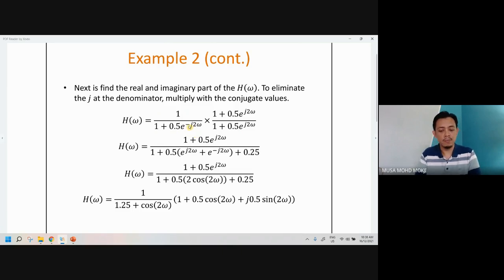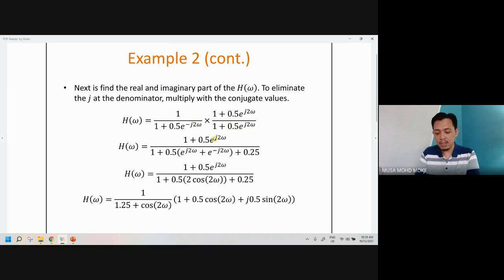This one, j. Because this is negative, now change it into positive. If this is positive, change it into negative. Just that. Because we have 1 plus 0.5 e to the j2 omega in the denominator, you need to have it on the numerator also. So that's why this one becomes 1. Then the whole thing is equal to the original frequency response.